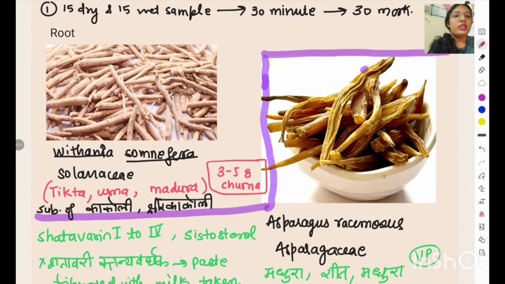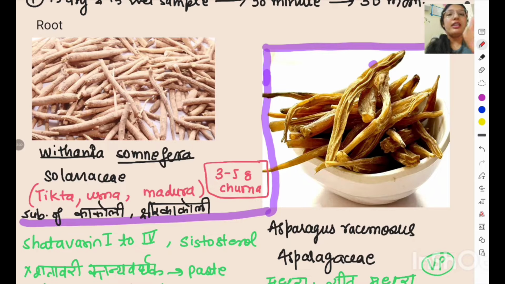For root, the first important drug is ashwagandha, and here you can see the images of the root of ashwagandha. It is somewhat brownish in color and is a fibrous root. When you try to break it, it will not break easily, rather it will bend.